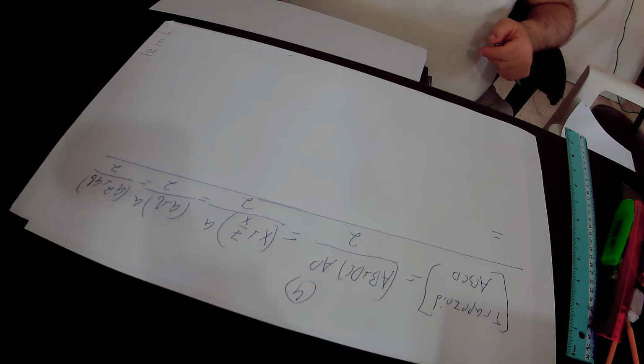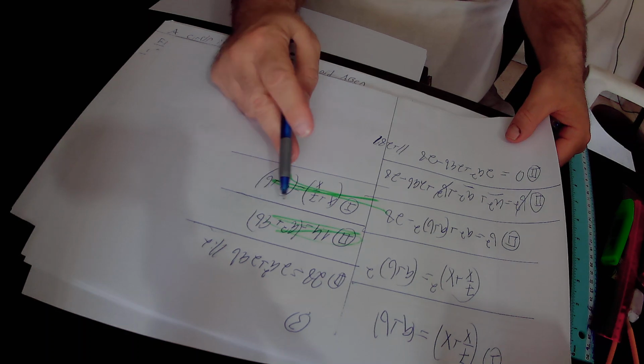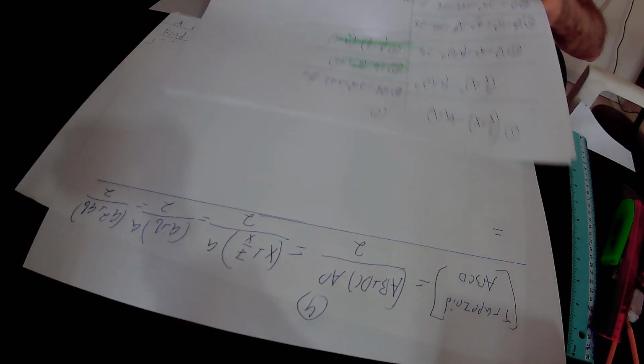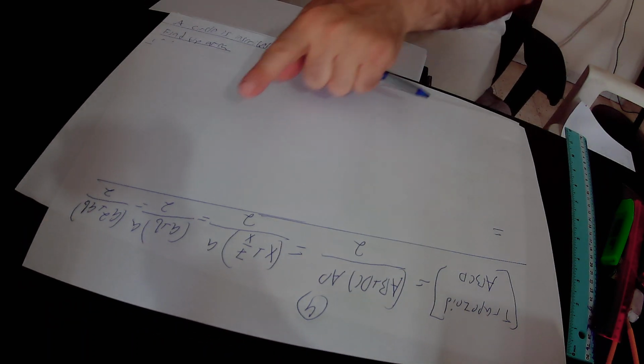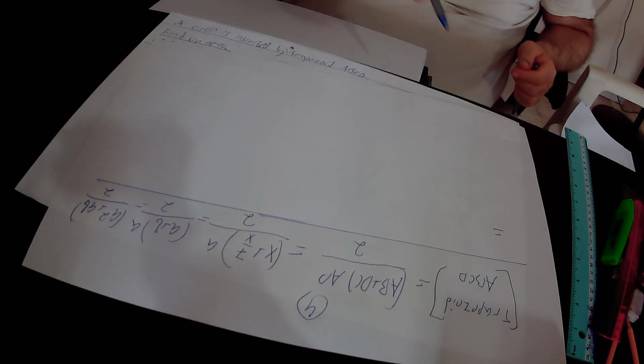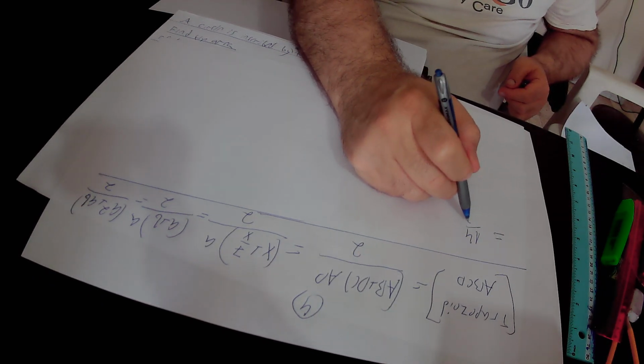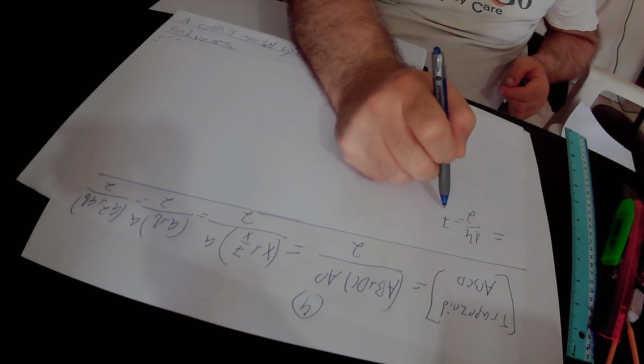But according to equation 2, A squared plus AB equals 14. So we substitute A squared plus AB in this expression by 14. So this expression in total will be equal to 14 over 2. 14 over 2 is 7.